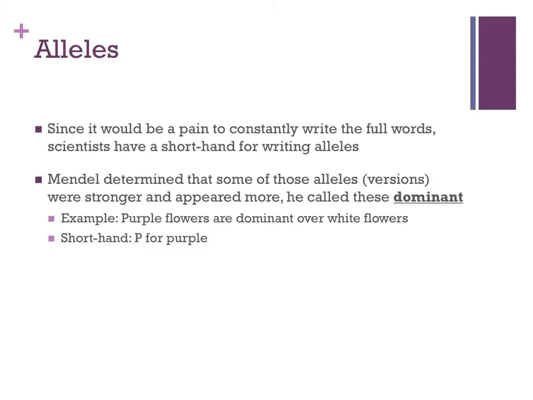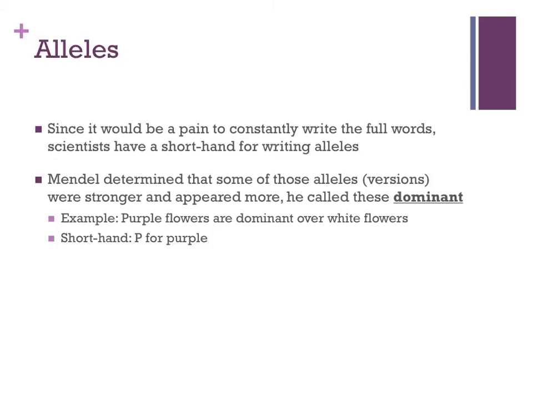And it's not just because we're lazy, it's because it would be a mess to see if we had to write the full words for all of these alleles all the time. Okay, so we're going to have a shorthand for it, which is usually the first letter of what we're going to call the dominant allele.